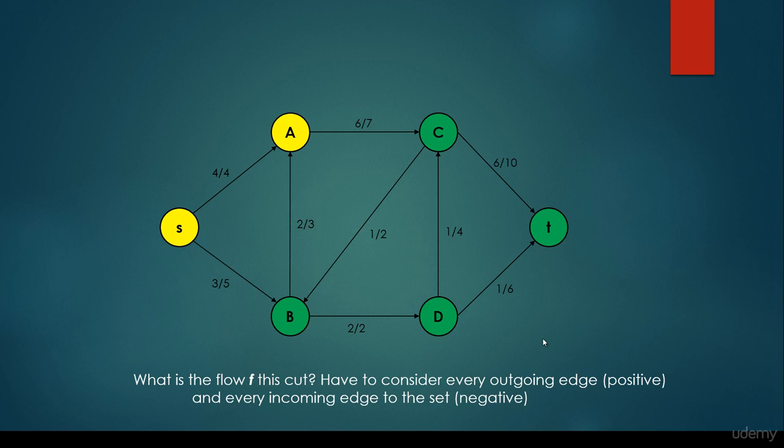We just have to consider every outgoing edge as positive, and every incoming edge, because it is in the opposite direction, will use numbers smaller than 0. So let's consider that we have an outgoing edge with flow 6, and another outgoing edge with flow 3. We don't have to consider this edge.